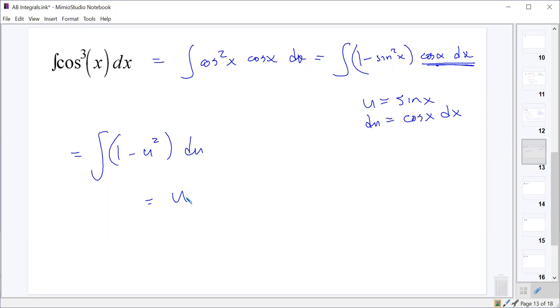U. And the integral of minus u squared? U cubed over 3. Plus our constant, and then we just resubstitute back in. All of our u's will become sine x's. So we've got sine x minus sine cubed x over 3 plus our constant.